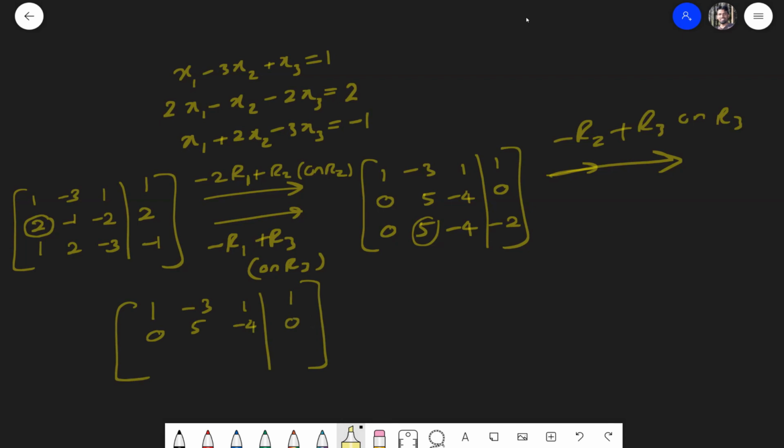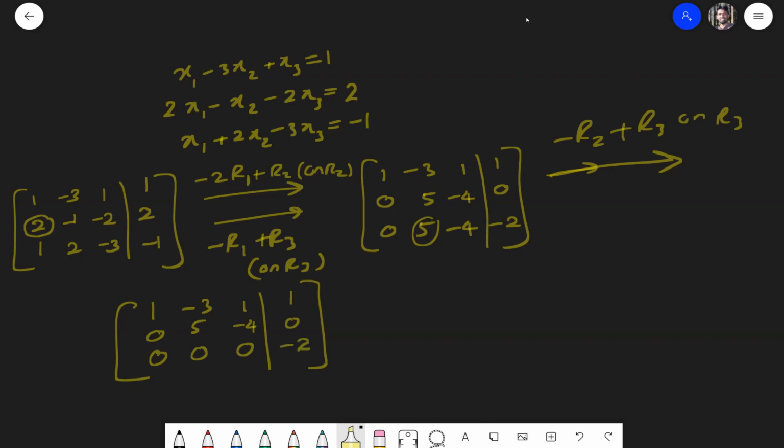Third row, so I'll add -1 times second row to third row. I'm getting 0 here. -5 and 5 is 0. -4 plus 4, 0. And I get -2.